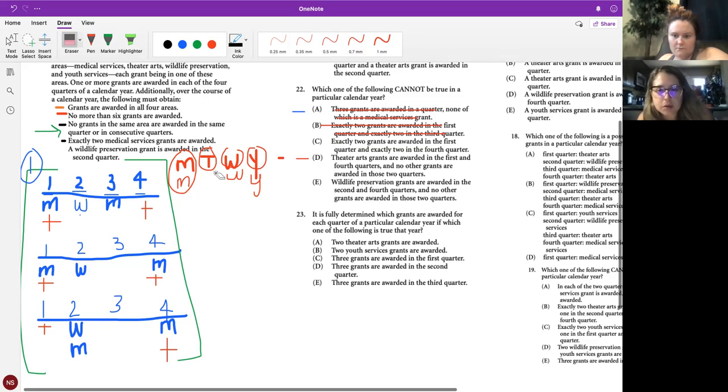Theater arts grants are awarded in the first and fourth quarter, and no other grants. So what they're saying is it's by itself. First and fourth, T. That would create a violation with the M rule, or even consecutives.